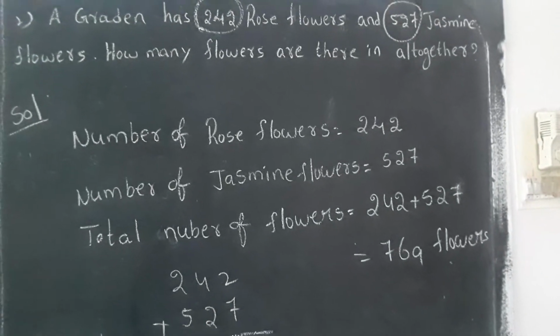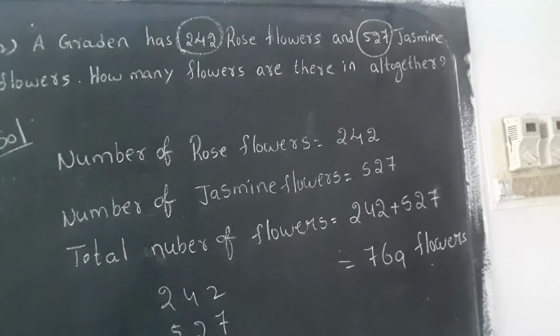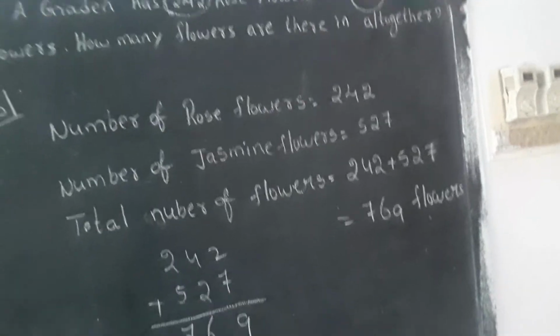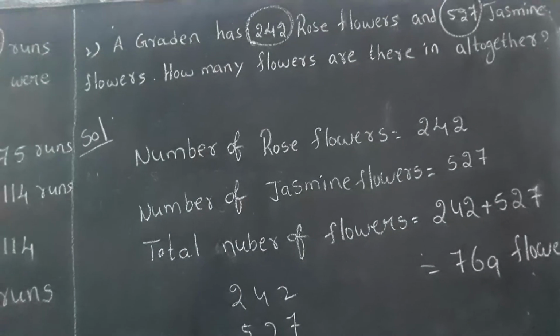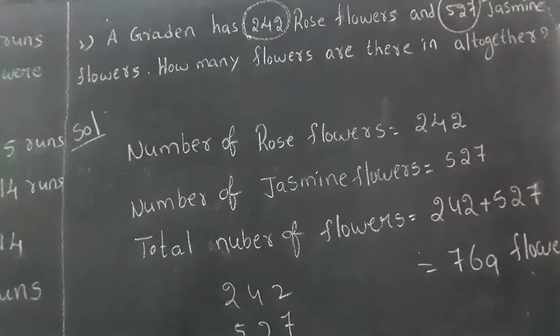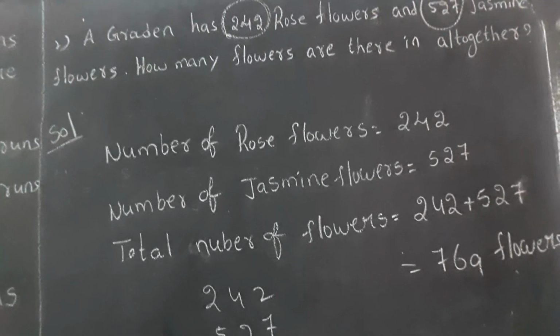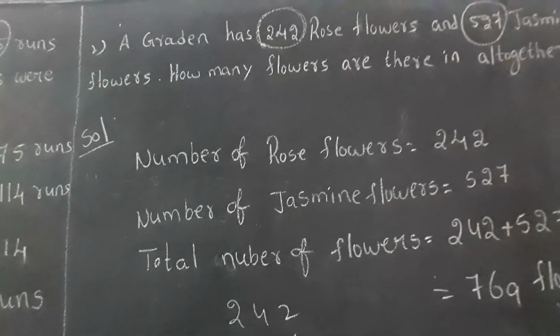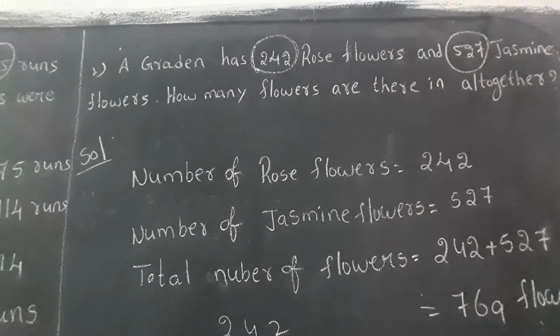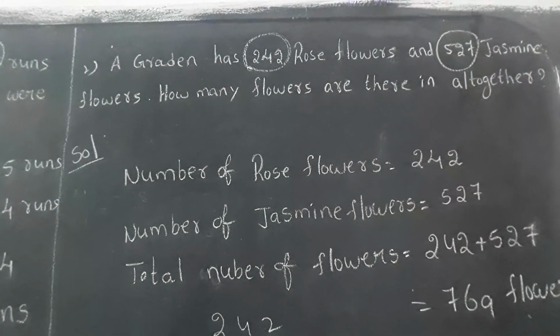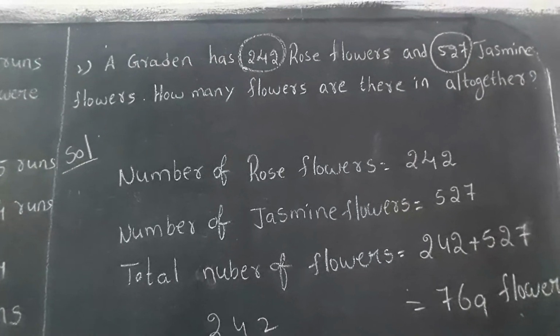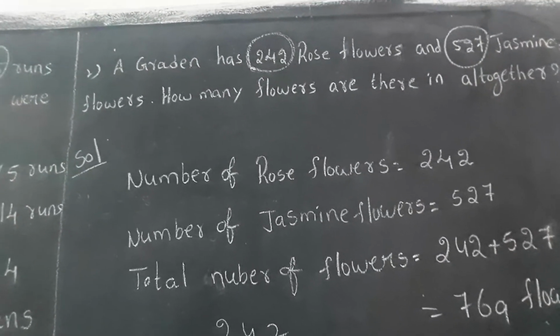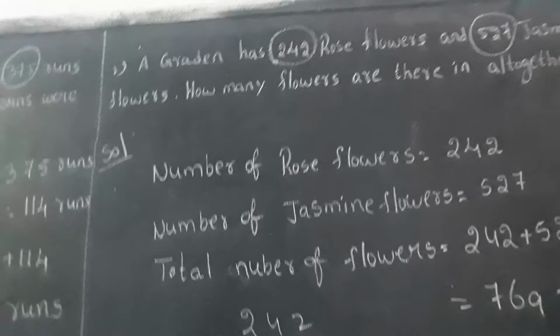We write the statements of what is given in the question. First we write number of flowers: rose flowers, how many are there? 242. Jasmine flowers, how many? 527. Total number of flowers: we add together 242 plus 527.